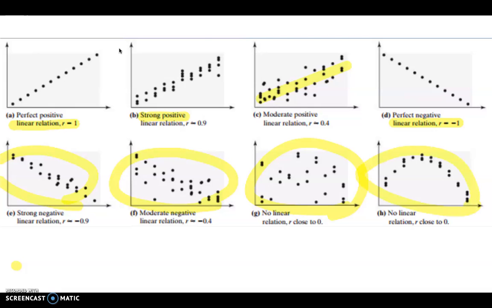And even this that looks parabolic, like a quadratic, still it's not a linear relation. So that correlation coefficient is going to be very close to 0. When they start to trend in a straight line, that's when we're looking at linear relationships.